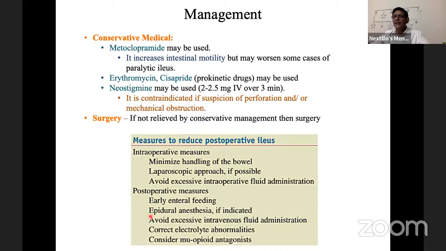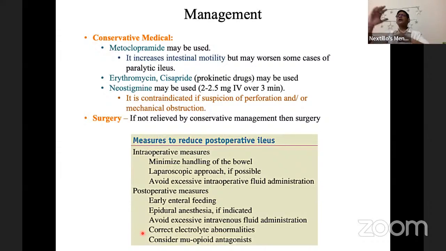Use epidural anesthesia. Avoid excessive intravenous fluid administration. Correct if any electrolyte abnormalities are present. And we can also give mu-opioid antagonists so that there is a reversal and the peristalsis comes back.